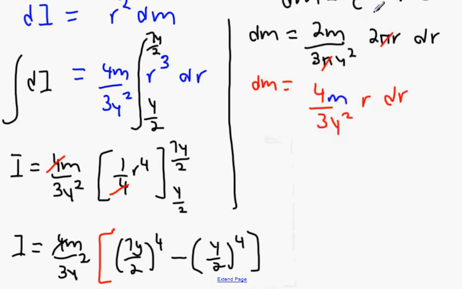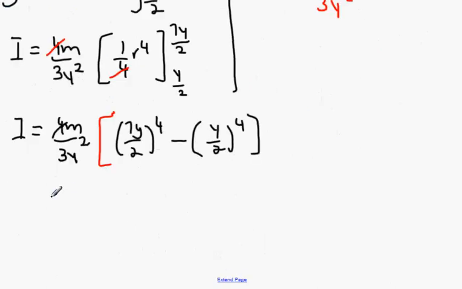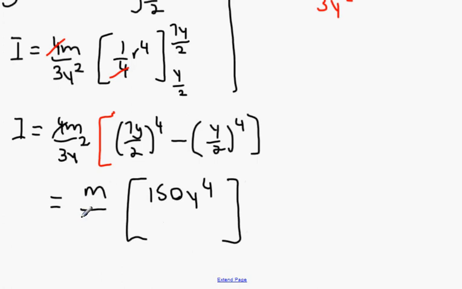Well done. So that's 150 y to the power of 4 multiplied by m over 3y squared. Then we're going to get 50my squared, is it? And that's what we were asked, wasn't it? Okay, guys.